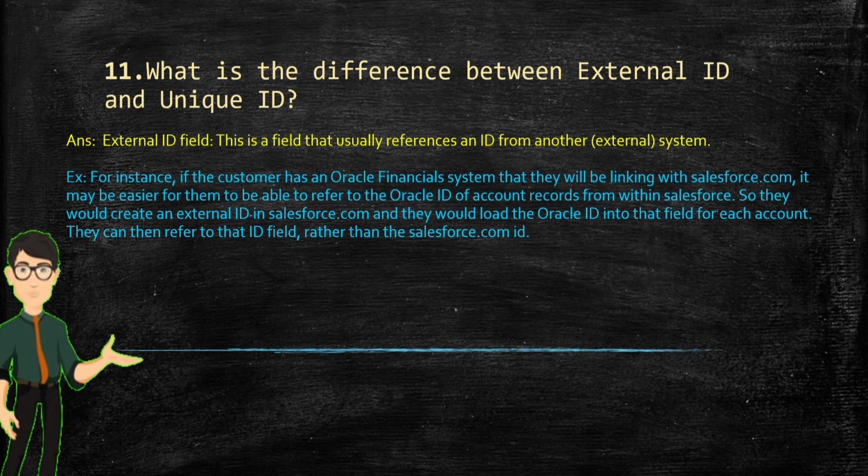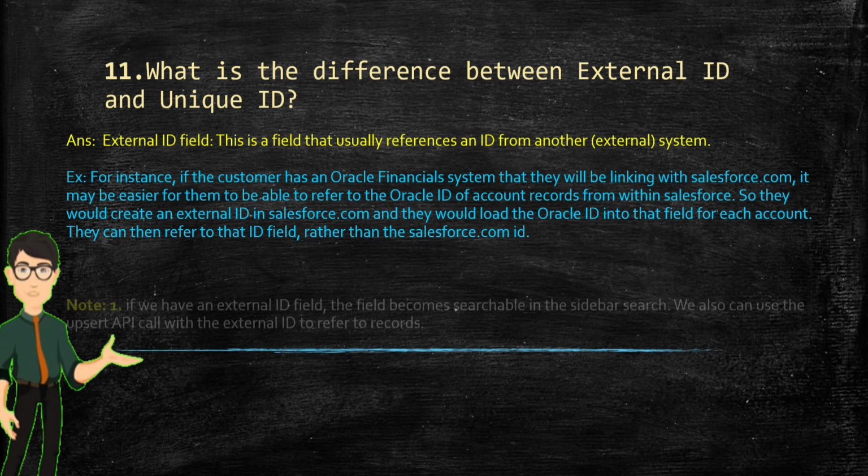They can refer to that ID field rather than the Salesforce ID, because the Oracle ID will be referred to in this external ID, and they can easily communicate, pass, load, and find the data as compared to the Salesforce ID. Because it's the Oracle ID, we want to integrate between Salesforce and Oracle.